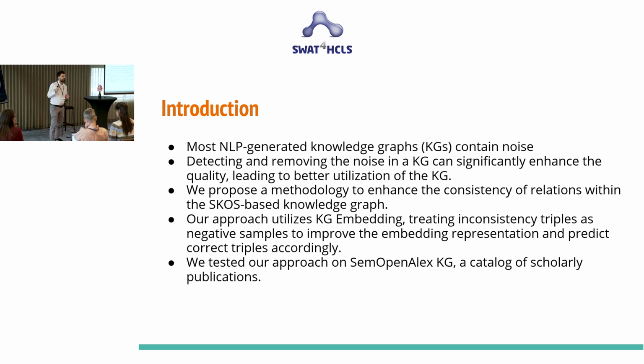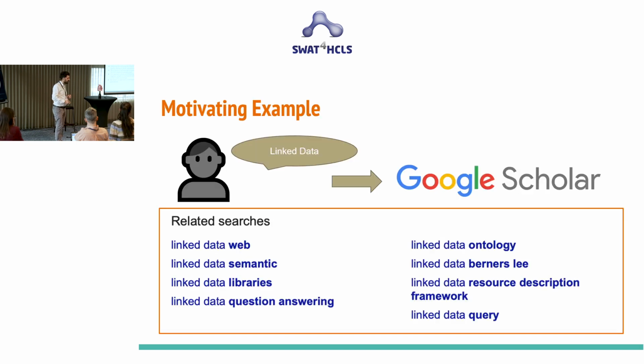We focused on SKOS-based knowledge graphs. And the idea is to use some kind of link prediction model using embeddings and try to detect the inconsistent relationships. For that purpose, we use SemOpenAlex, which is a knowledge graph for scholarly publications.